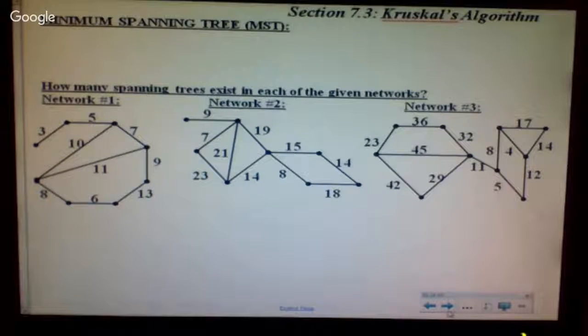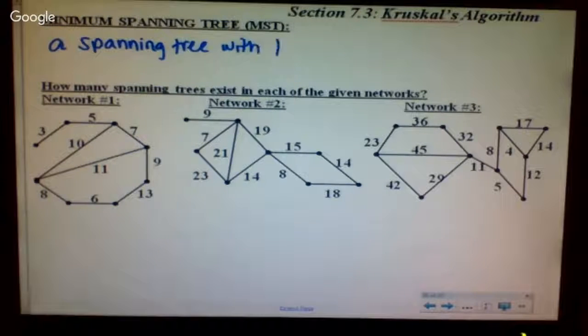Okay, so the last thing we need to talk about in this section, 7.3, is Kruskal's algorithm. Our goal, we said, is to find the most optimal tree, so we call that a minimum spanning tree. This is specifically a spanning tree with the least weight.